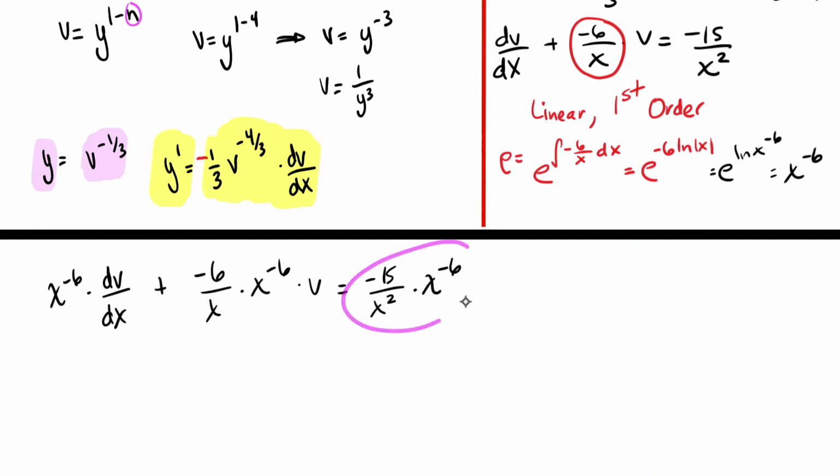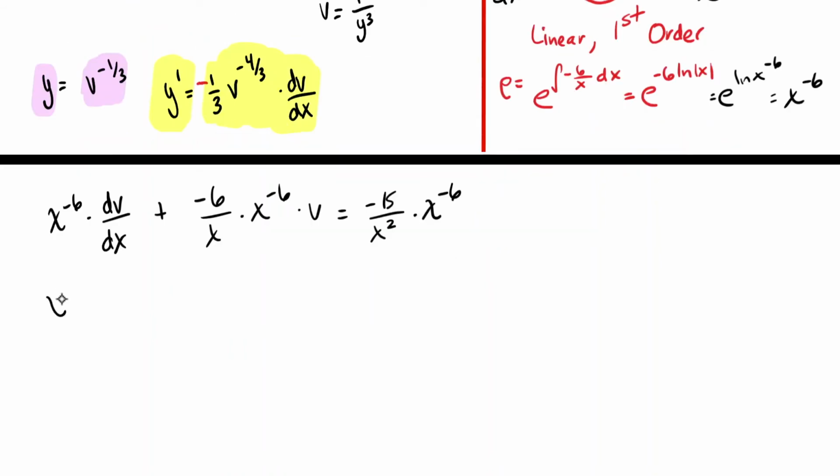And we can simplify these two terms. Okay, I'll just rewrite this as negative 6 x to the negative 7th times v equals negative 15 times x to the negative 8.